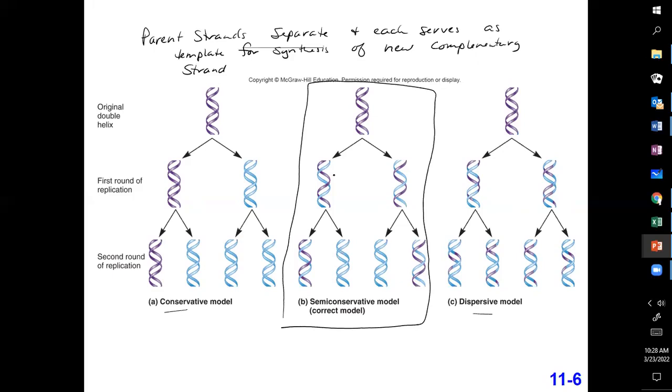So here's our parent DNA molecule, which results in two daughters. One of the strands of each daughter molecule is an old parental strand, and in blue here is showing the newly synthesized strand. It's semi-conservative.